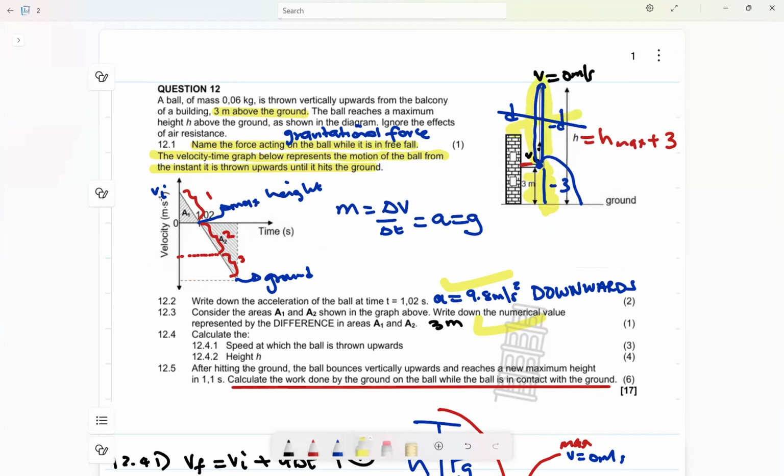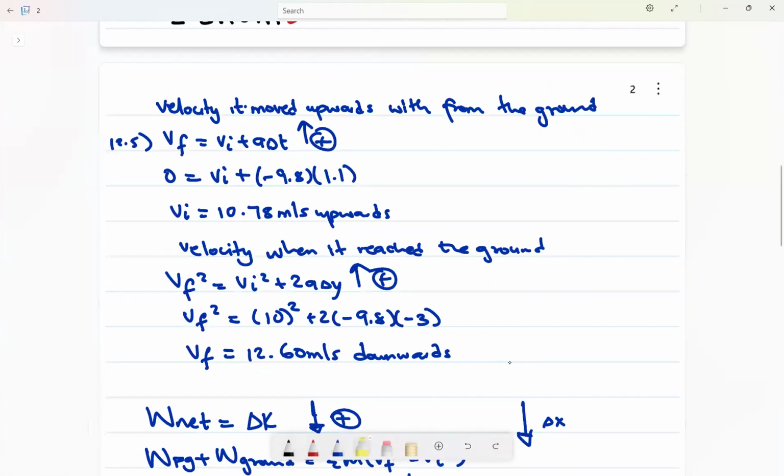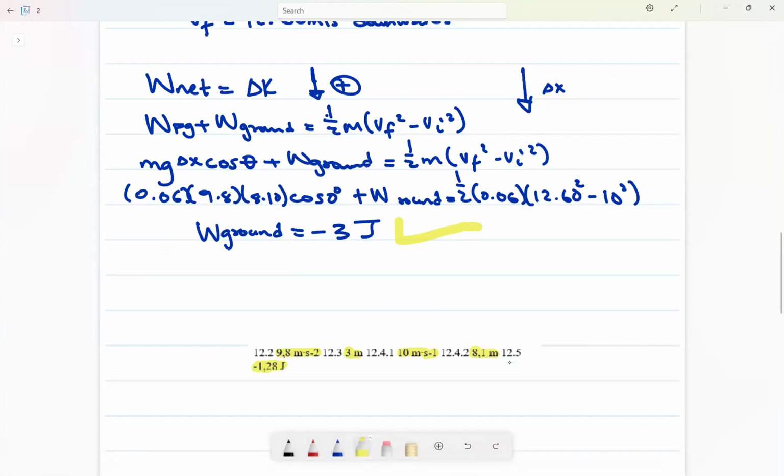Then the last remainder is that one. So instead of using 8.1, we should be using 3. That's our displacement. Let me confirm if that's the case, or if I'm adding things up wrong. But yes, these are the few things that we need to take note of.